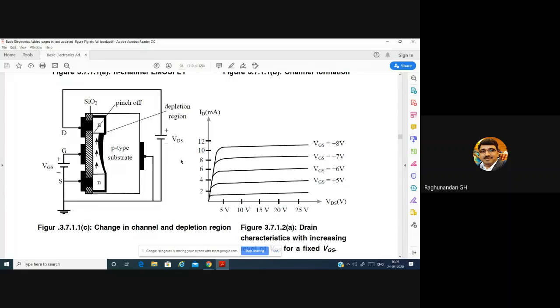So when VGS is plus 8 or plus 7 or plus 6 like that, the current keeps on decreasing.